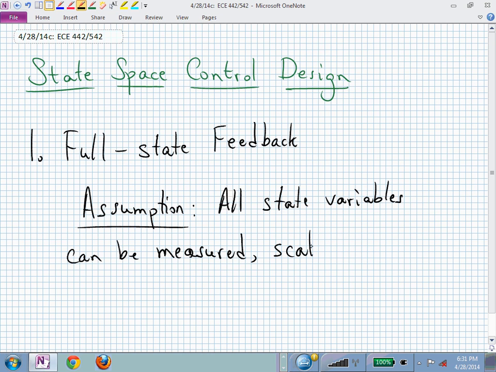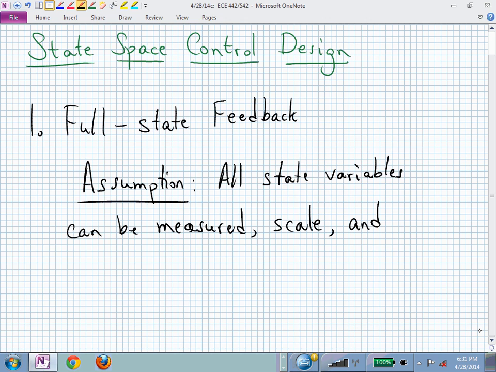We can scale those up by a gain. We could multiply them by 1/2, or we could multiply them by 10. We can adjust that value that we measured. We can scale it, and then we can feed that back in to form part of our input, or feed back into the system, all of those scaled adjusted state variables. So now they've been fed back into the system.